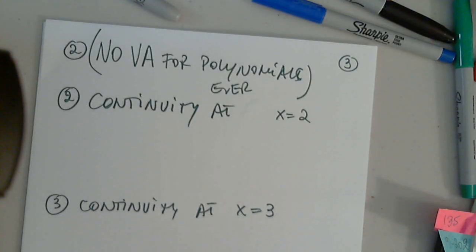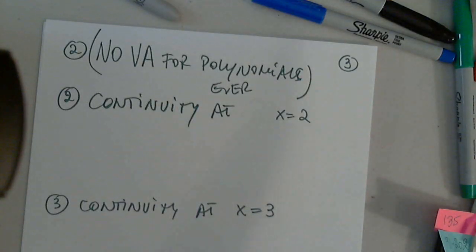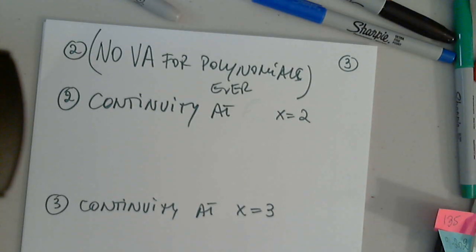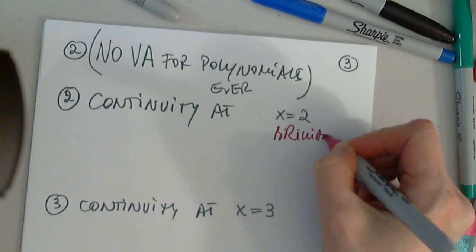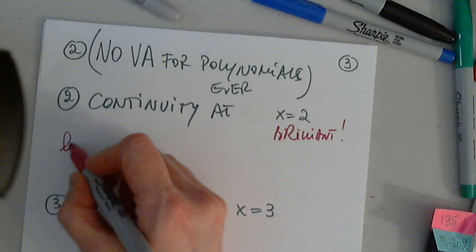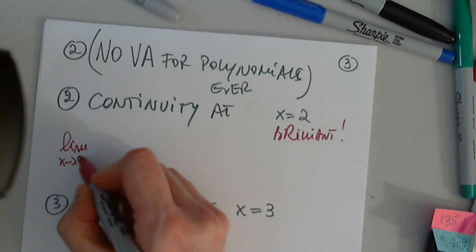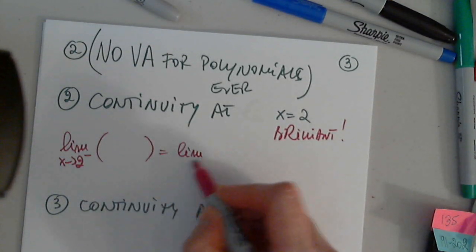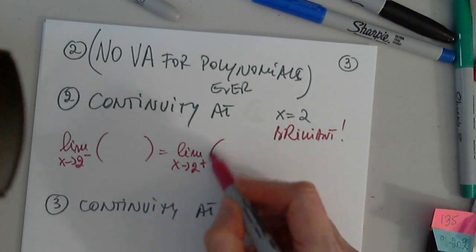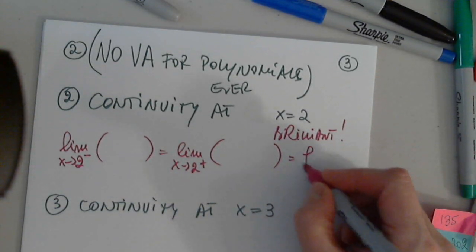The limit from the left has to exist. The limit from the left has to equal the limit from the right and equal the value at that point. Brilliant. Thank you. So the limit as x approaches 2 from the left must equal the limit as x approaches 2 from the right, which must equal f of 2.